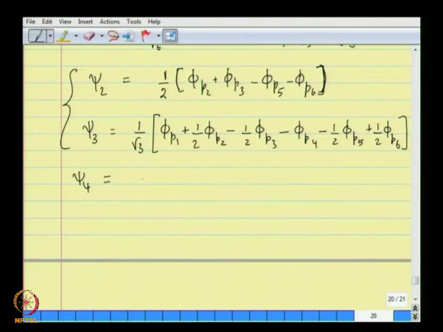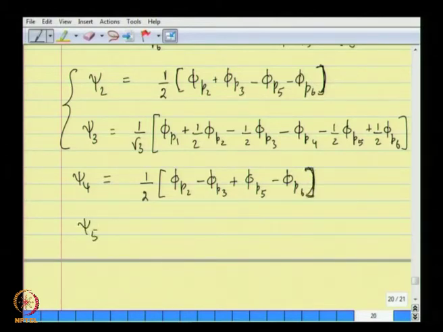Psi 4, you can write from psi 2, is 1 by 2 times phi p2 minus phi p3 plus phi p5 minus phi p6. Okay.